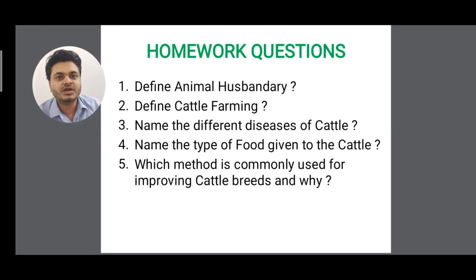Whatever I have taught in cattle farming, you'll have to study the different breeds of cattle and their economic importance. Here I have mostly discussed the cow. From the cow, the economic importance is the quantity and quality of milk, because milk is drunk by human beings also.